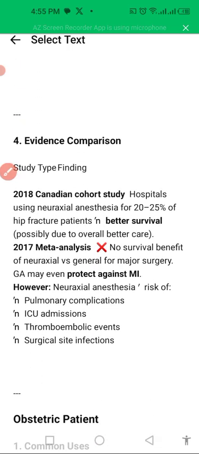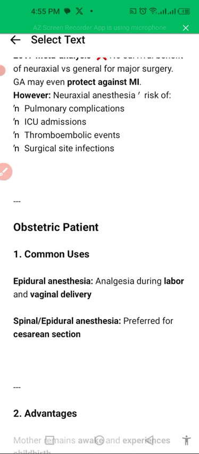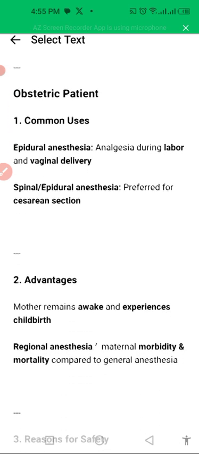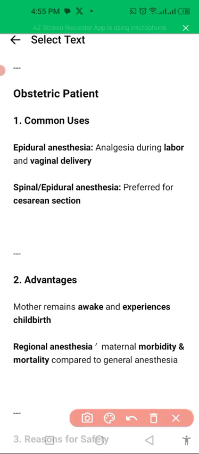So there are some factors that you have to keep in mind in order to select what type of anesthesia a doctor is going to perform. In obstetric patients, epidural anesthesia is commonly preferred because of pain management, and it is good for maternal safety and morbidity. The mother remains awake and experiences childbirth.